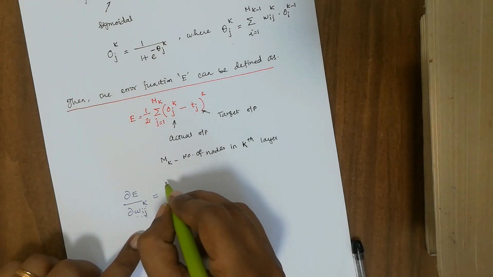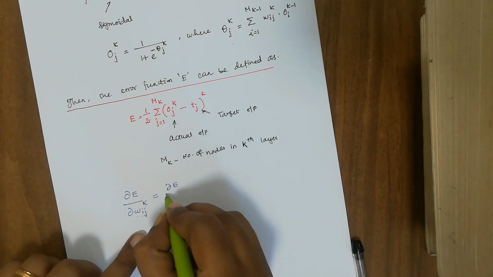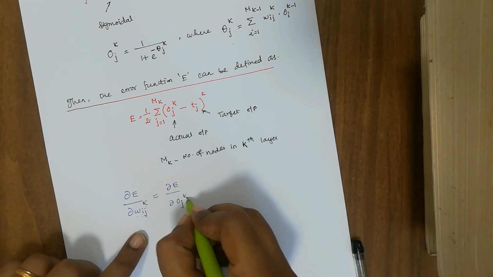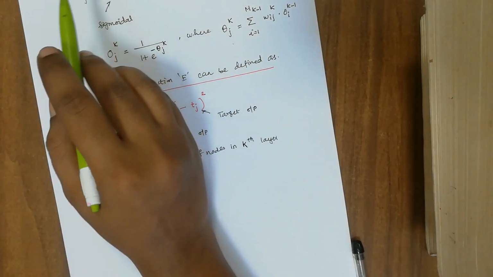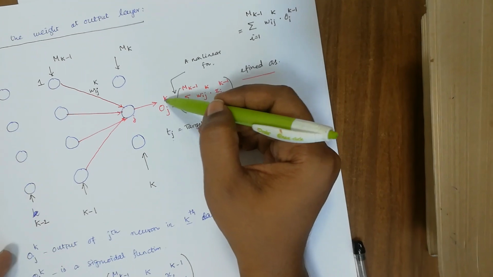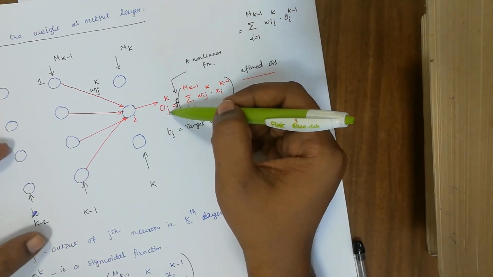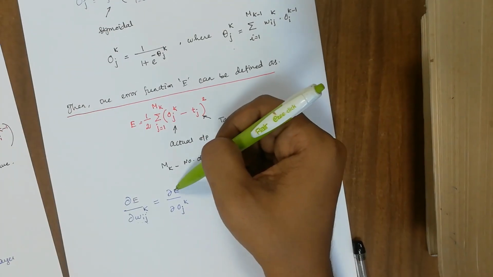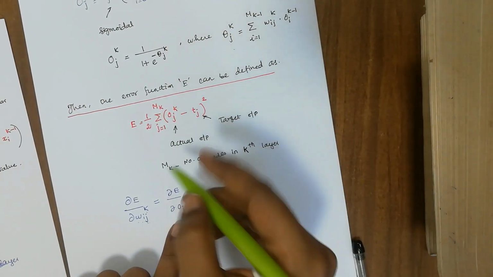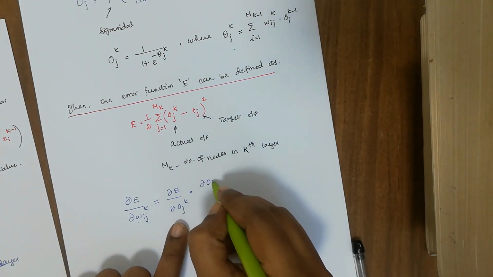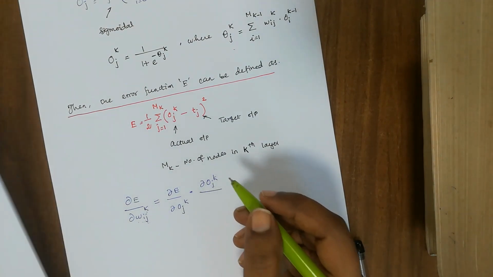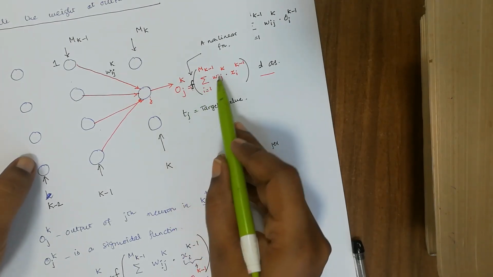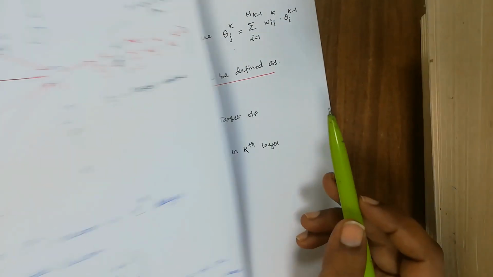So the chain rule for this is, since the error function ∂E depends on ∂OJK, the actual output is represented as error. The error depends on the actual output that we have obtained. So the error function depends on OJK, but this OJK depends on a nonlinear function that we apply on the summation value.